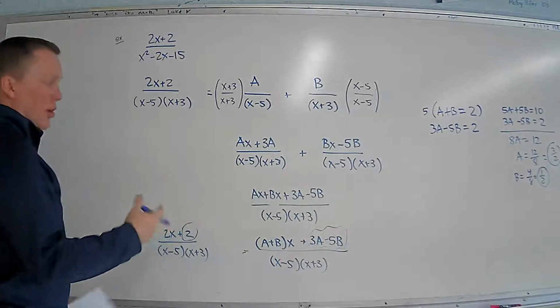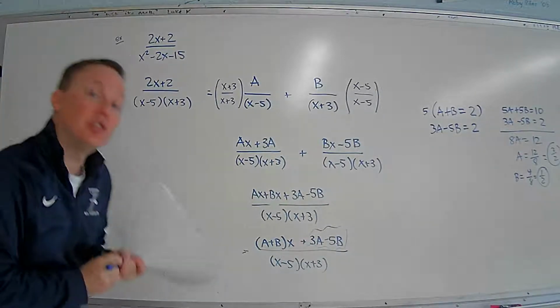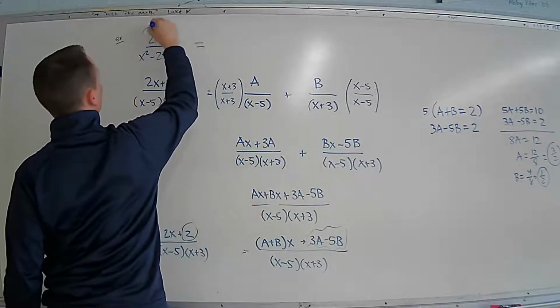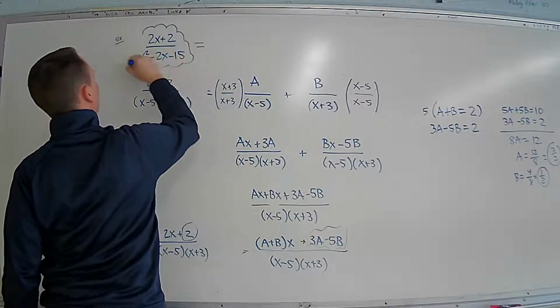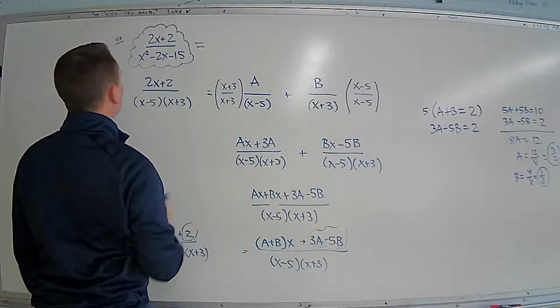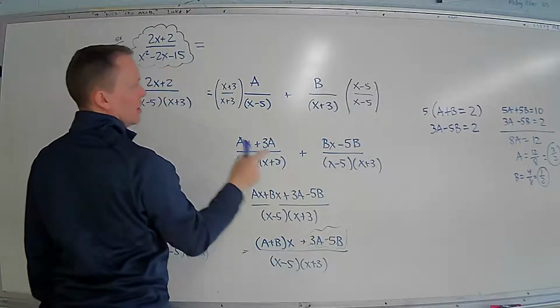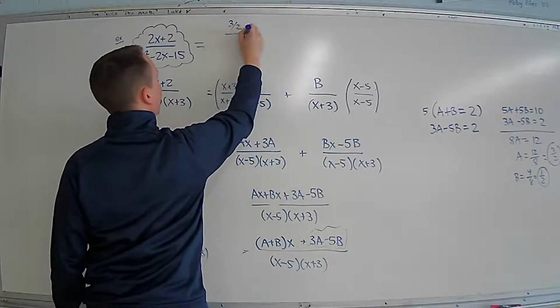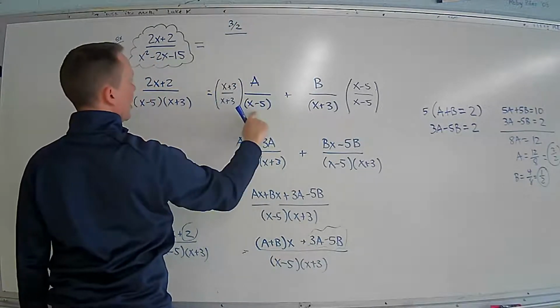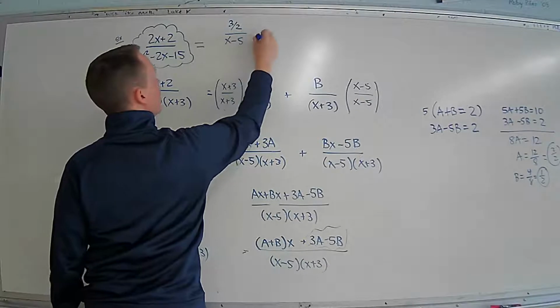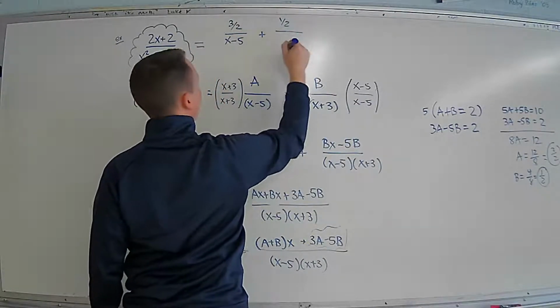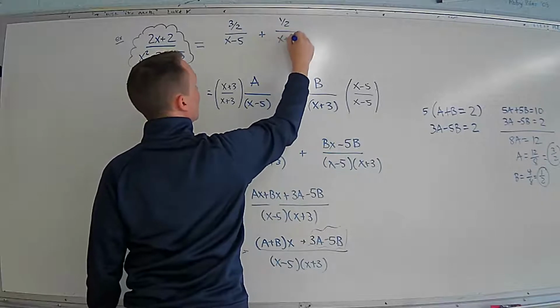So now, if I go back to the original problem, we have decomposed, we have deconstructed this fraction into a, 3 halves, over x minus 5, plus b, which is 1/2, over x plus 3.